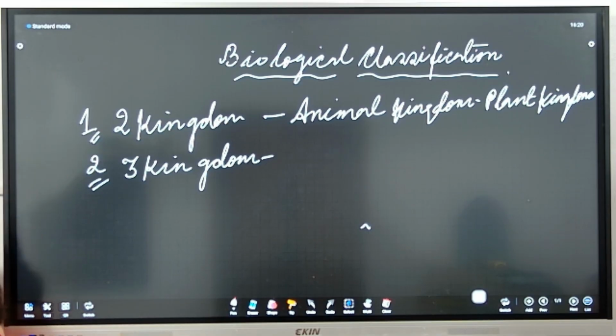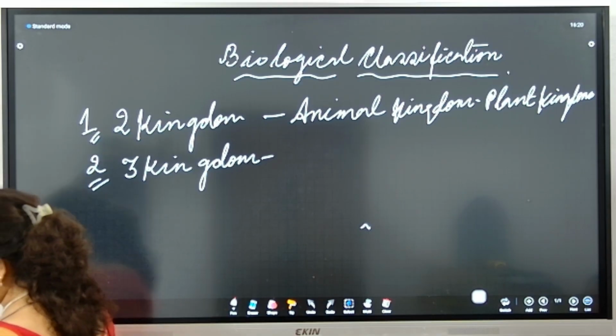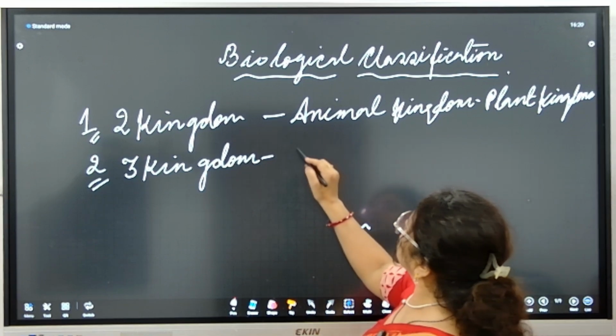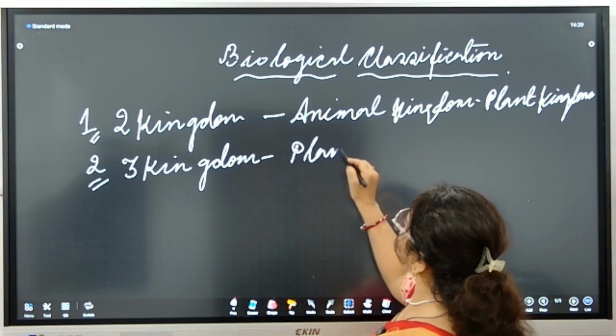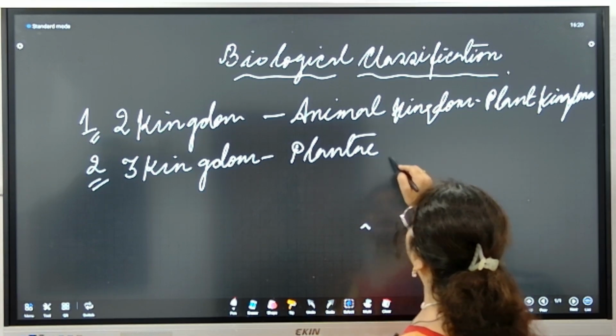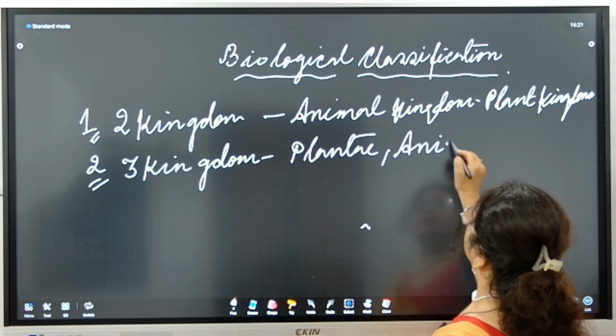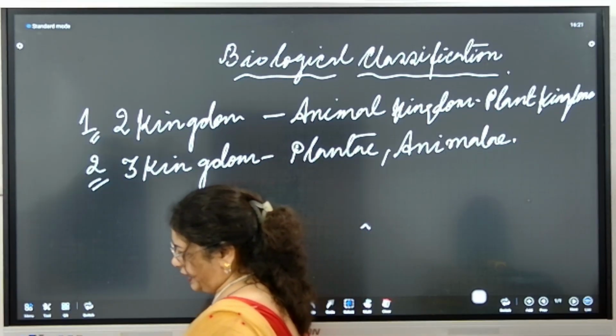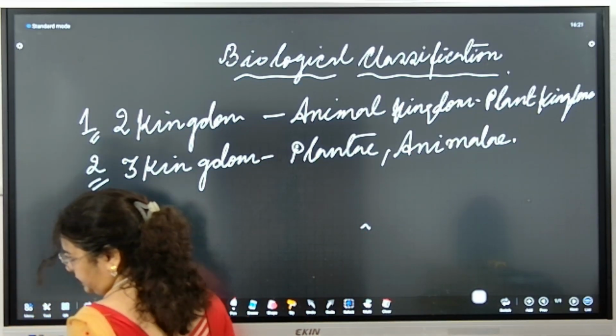Now we will go to the three kingdom classification: Plantae, which is the plant kingdom, Animalia, and then came the Protista.